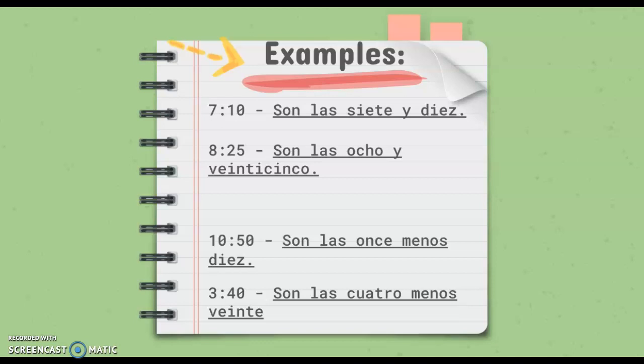So one way you can think about it is a full hour has 60 minutes. If I subtract 60 minus 40, that gives me 20 minutes left until the next hour. So I would say son las 4 menos 20. It is 4 minus 20. That tells us it is 3:40.